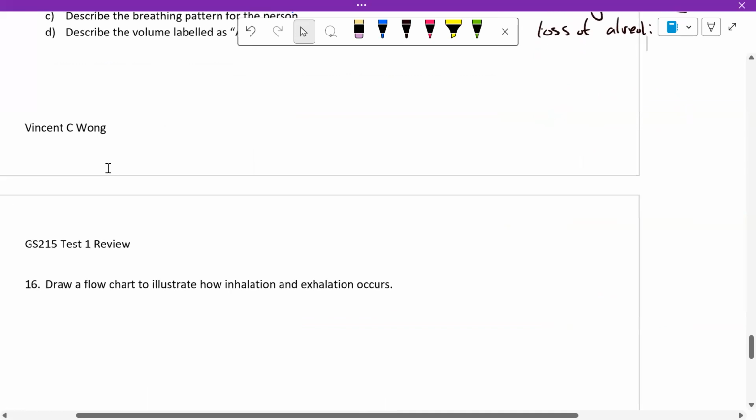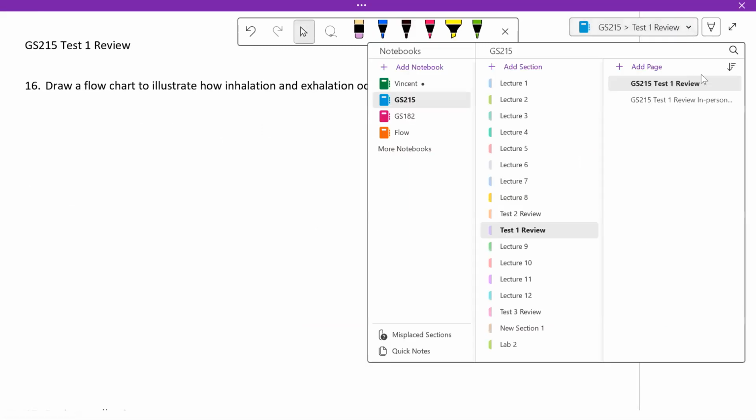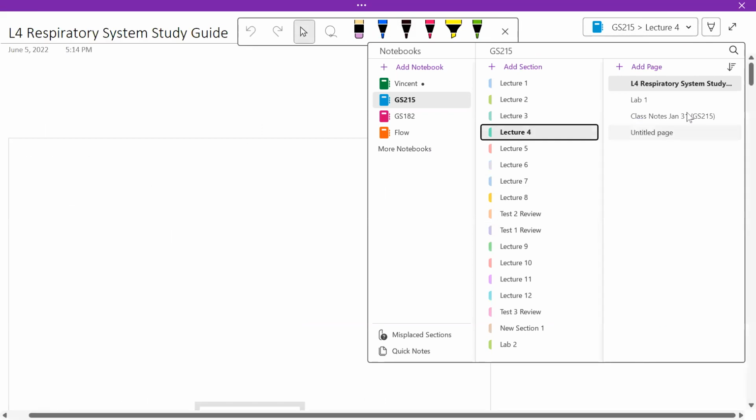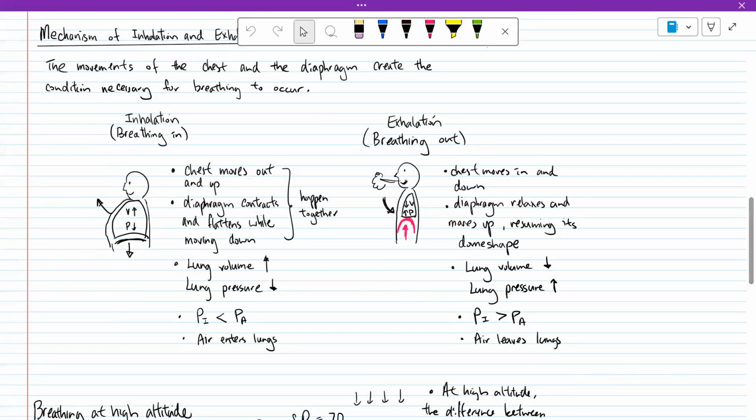Okay. Draw a flow chart to illustrate how inhalation and exhalation occurs. So we actually wrote this down. I don't think I need to do it again for you. I'm just gonna refer you to the class note that we took. It's this one, right?